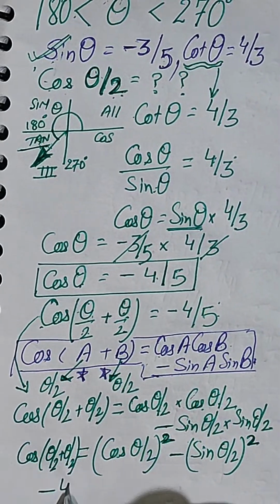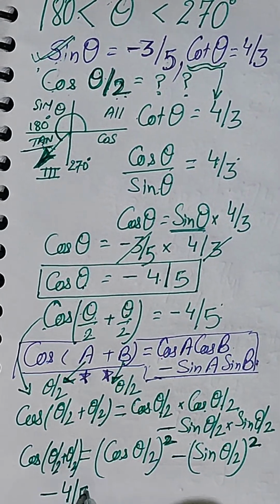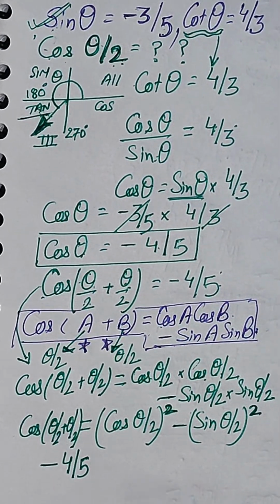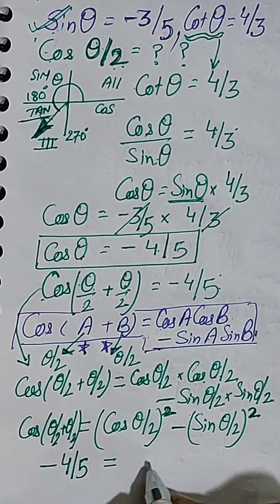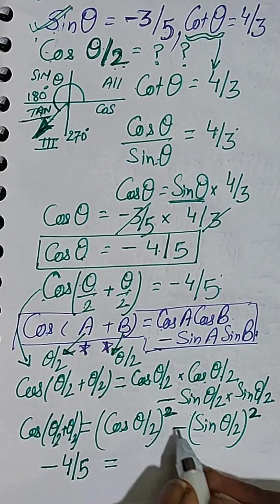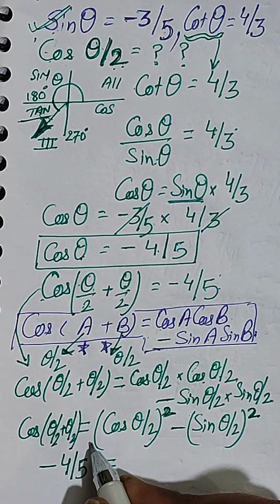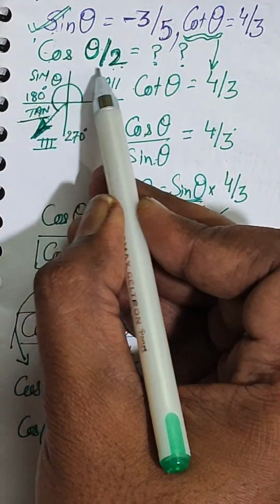So just replace it with minus 4 by 5 in the LHS. So minus 4 by 5 is equal to cos theta by 2 whole square minus sin theta by 2 whole square.